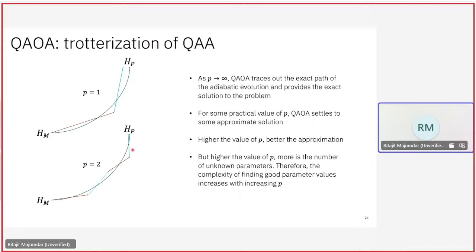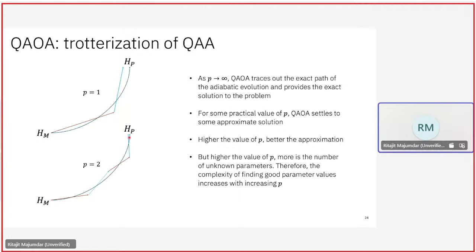If you can, ideally speaking, take it to p equal to infinity, then QAOA is exactly equivalent to the quantum adiabatic algorithm. That means it exactly traces out the continuous evolution path of the quantum adiabatic algorithm, and we are guaranteed to get the exact solution.